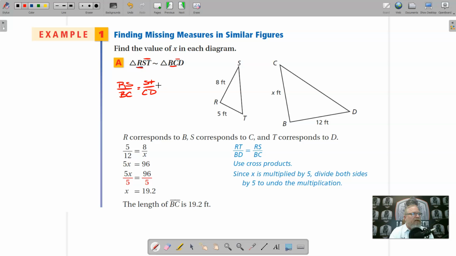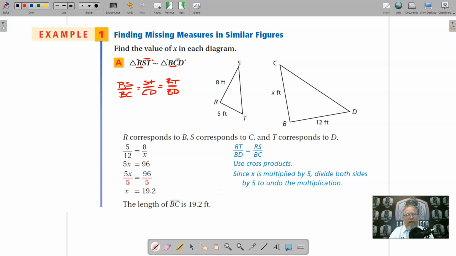I should have made that a capital T. Uppercase and lowercase makes a difference here in geometry. And then RT is to BD, the first and the last, or the first and the third, if you want to look at it that way. So I know that RS is to BC as ST is to CD as RT is to BD.